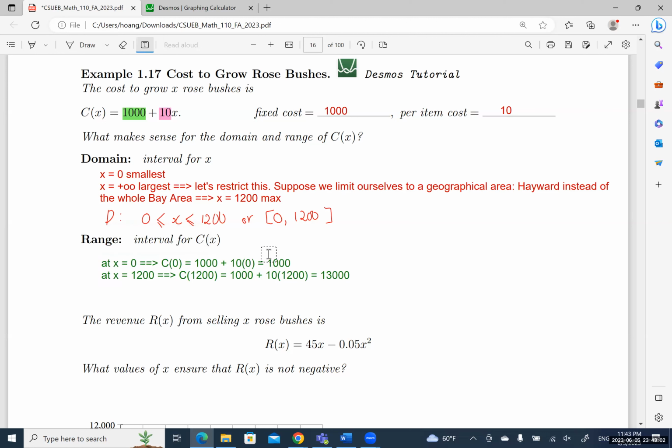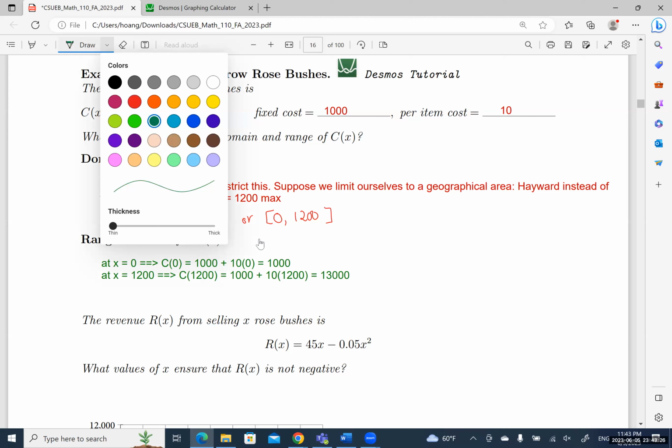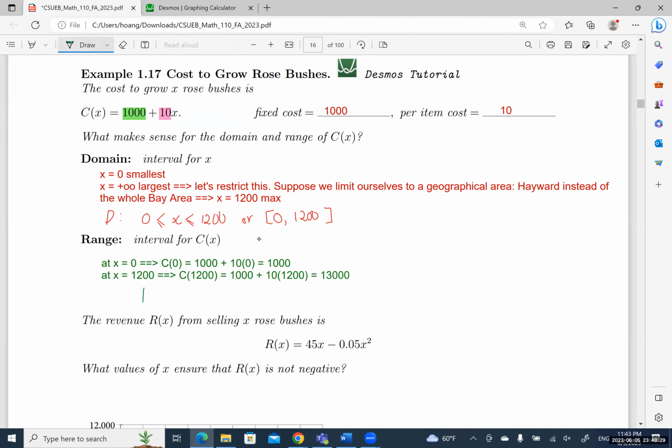All right. So then the maximum cost can be is 13,000. So then the range I can say is y in between 1,000 and up to 13,000.